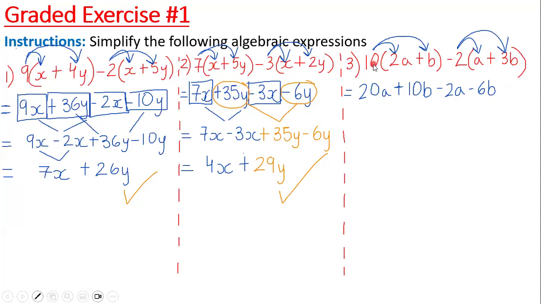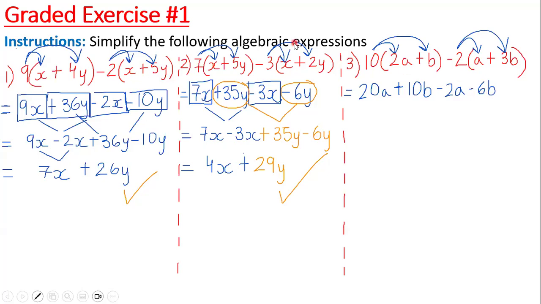So Paris, 10 times 2a is what? 20a. 10 times b is? 10b. Good. Negative 2 times a is what? Negative 2a, sorry. Yes, negative 2a. And then negative 2 times 3b is going to be what? Negative 6b. You understand that so far?